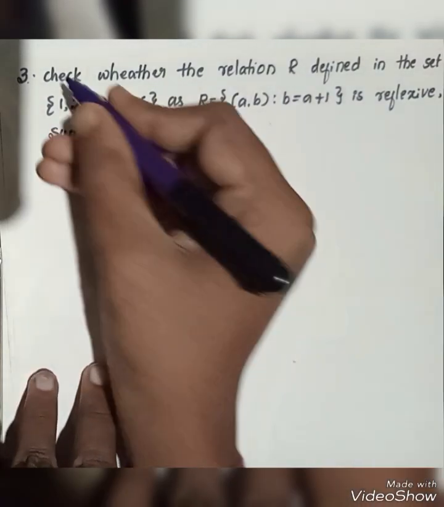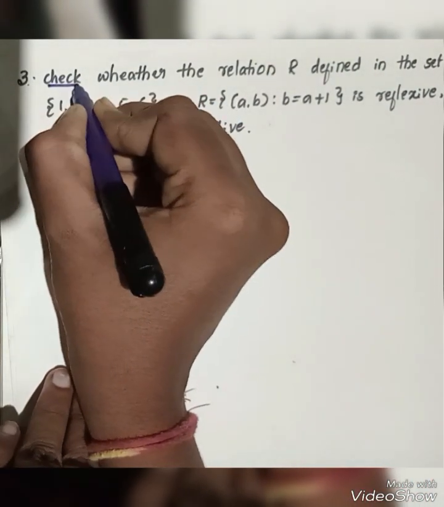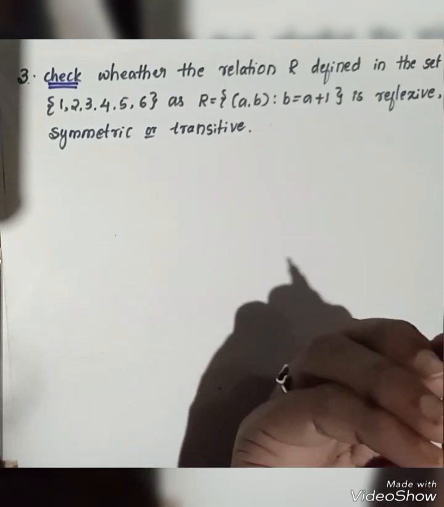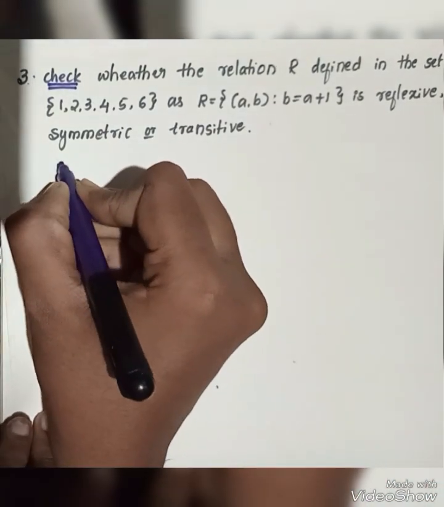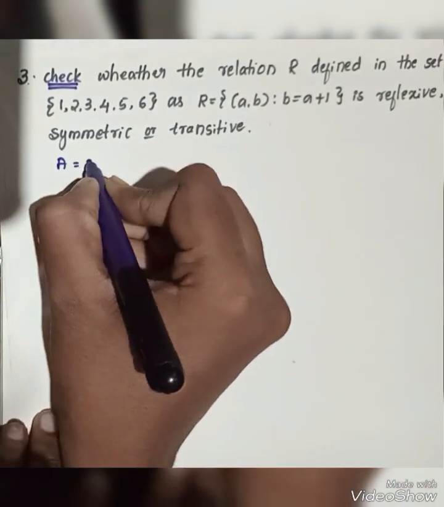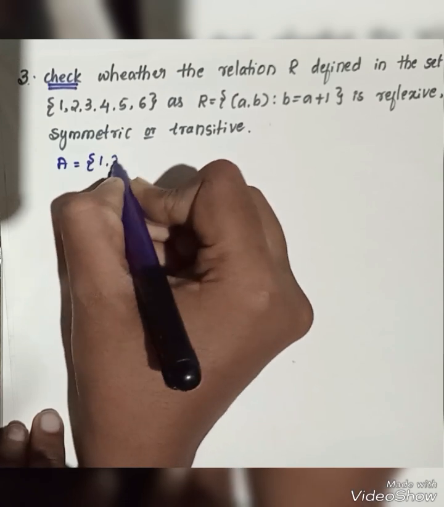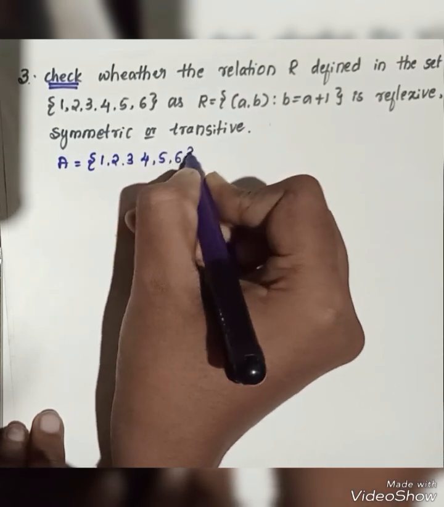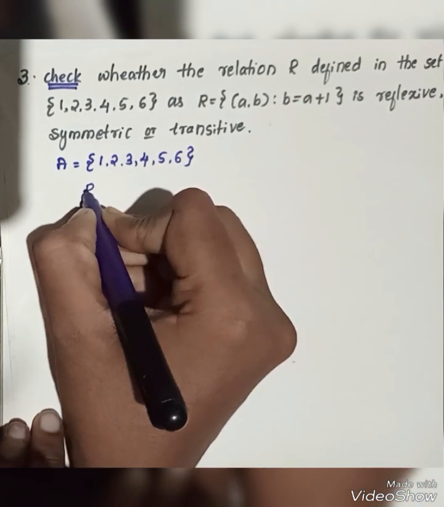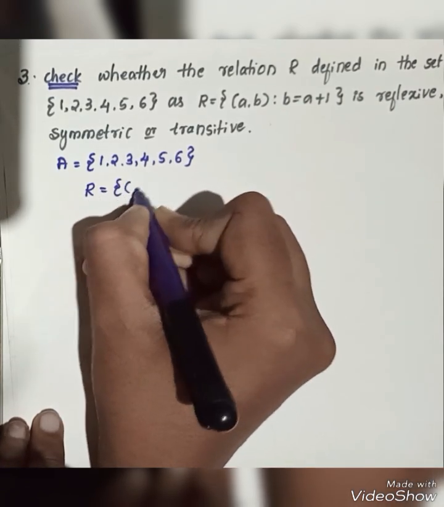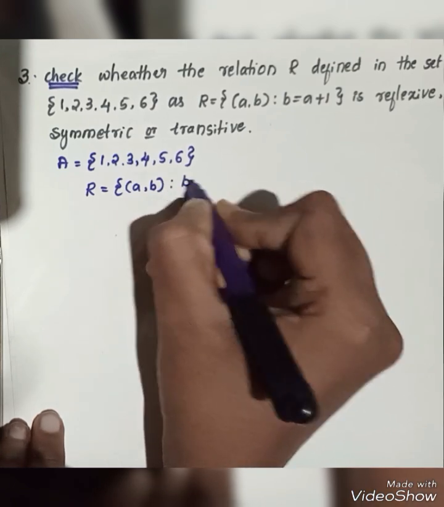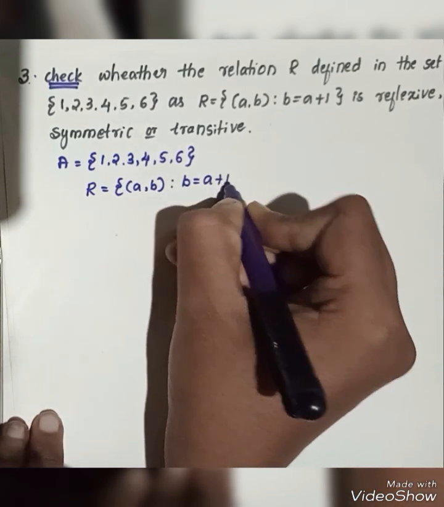They have given in the question, check. It may be possible or not. First, A is the set {1, 2, 3, 4, 5, 6}. Then the relation R = {(a, b) such that b = a + 1}.